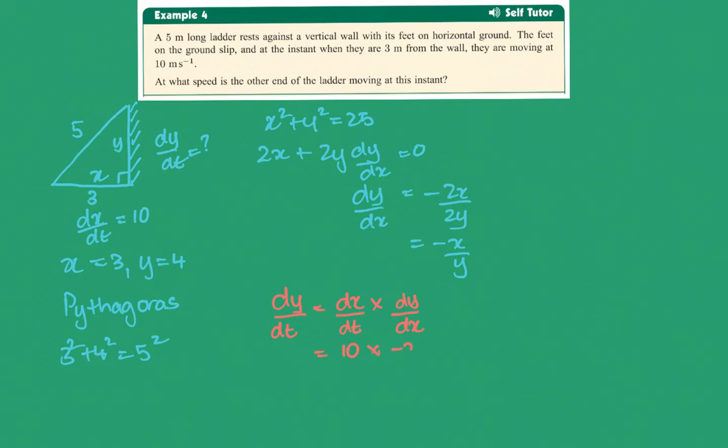So that's 10 times minus x over y, substituting in the values we've got. 10 times negative 3 over 4, which gives negative 30 over 4, negative 7.5 meters per second, which means the top of the ladder is sliding down the wall at 7.5 meters per second.